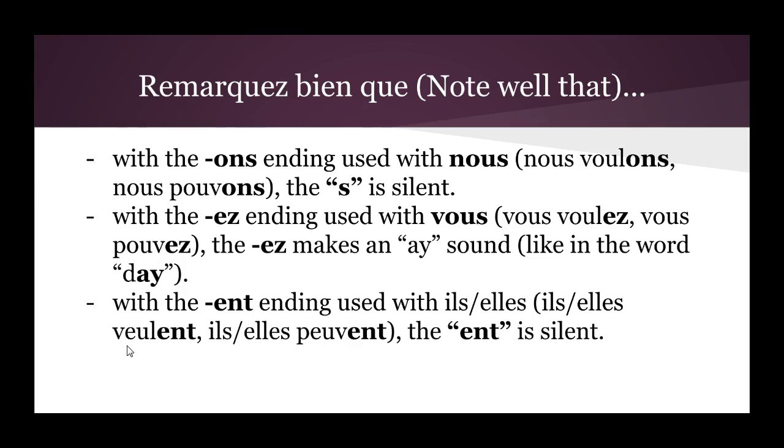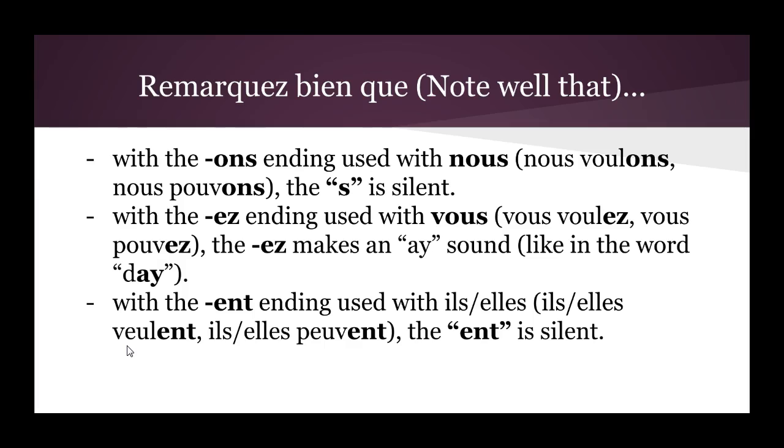And note also, with the ENT ending, used with ils, elles, alors, ils, elles veulent, ils, elles peuvent, the ENT ending is silent, right? So it is never veulent-t, ou peuvent-t, no, no. C'est veulent, ils, elles veulent, ils, elles peuvent, ok?